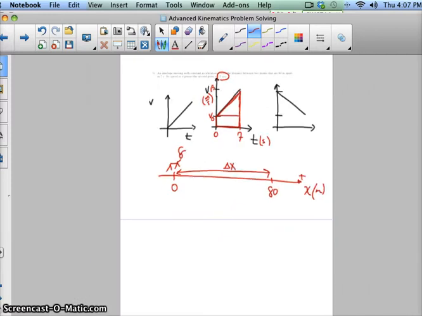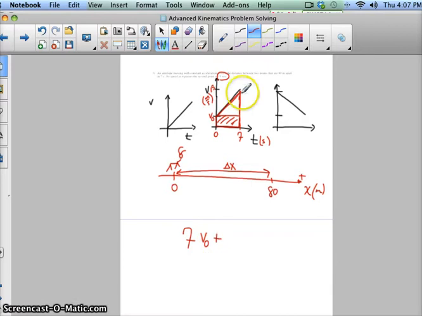And let's set up our equation. Let's use our velocity graph to set up our equation. So I have 7 times my initial velocity for the antelope. That's the rectangle right here. Okay? So that's area of the rectangle plus the area of that triangle.